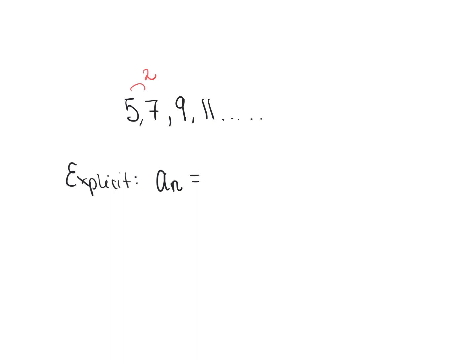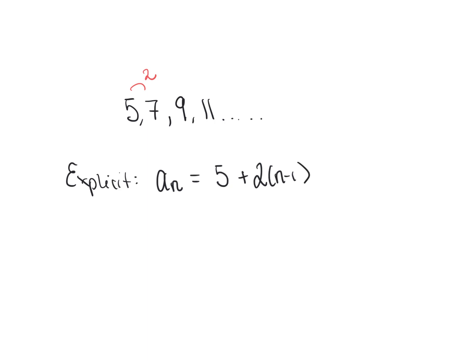Let's say I have some sequence that's represented by a sub n. Actually, let me write the sequence instead. So let's say I have 5, 7, 9, 11, ... If I want to write the explicit formula, that again is that I plug just n in and I get the term I want. a sub n equals, so we can note here that I'm adding 2 every time, and I started with 5, plus 2 times n minus 1.